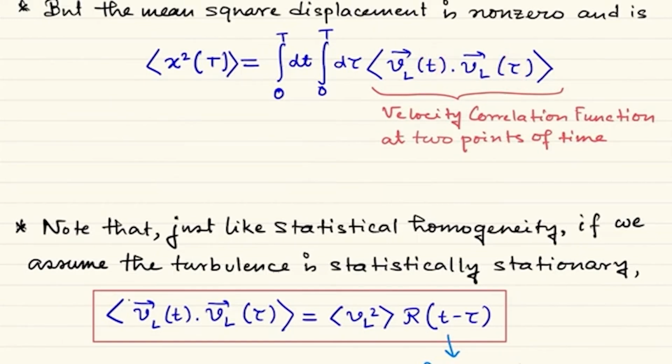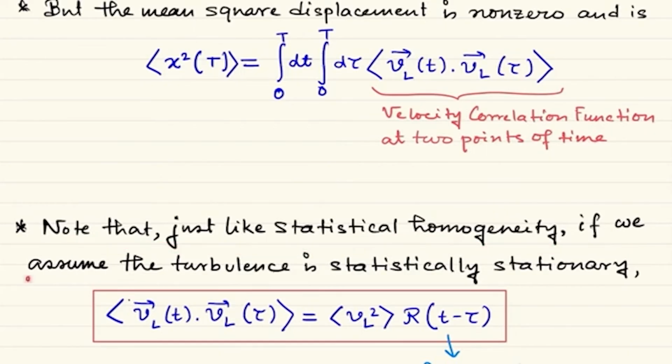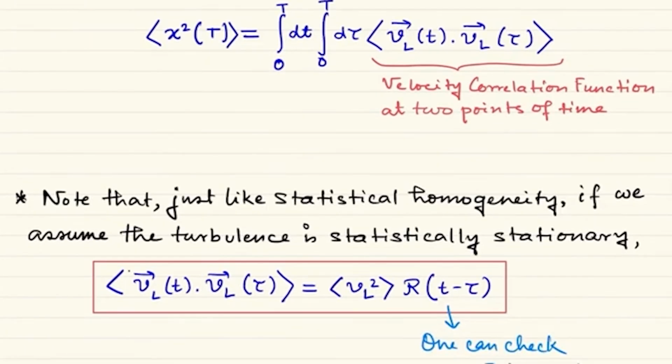Now note that just like statistical homogeneity, if we assume a new assumption, the assumption of statistical stationarity, then what happens? Statistical stationarity is nothing but a homogeneity in time.